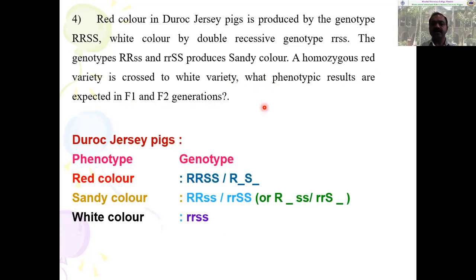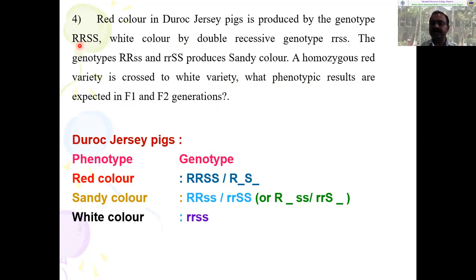Now, if you look back at this particular example, there is the Duroc Jersey breed. It has 3 different types of skin coat color, as given. Duroc Jersey red color is due to capital R, capital S. That means at least one allele of each pair of alleles should be dominant.